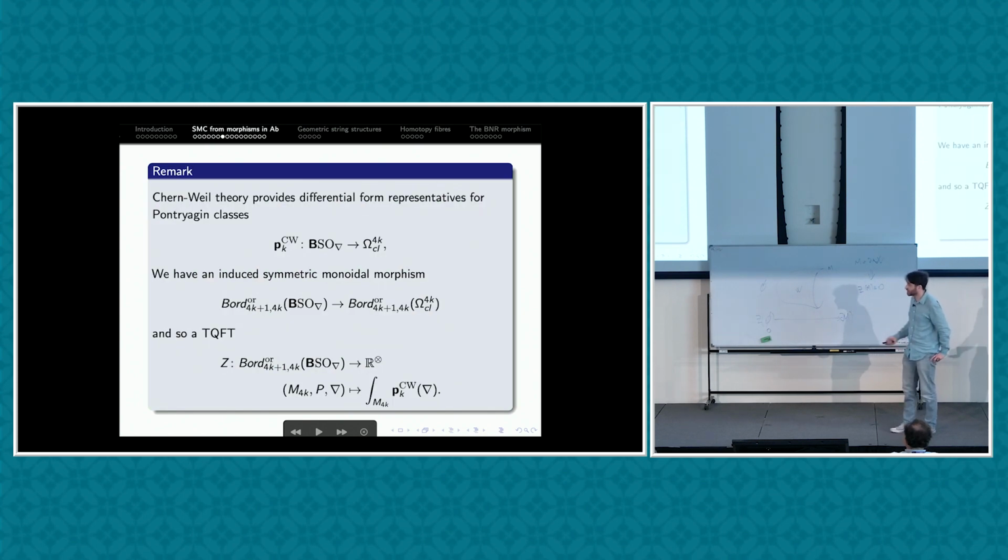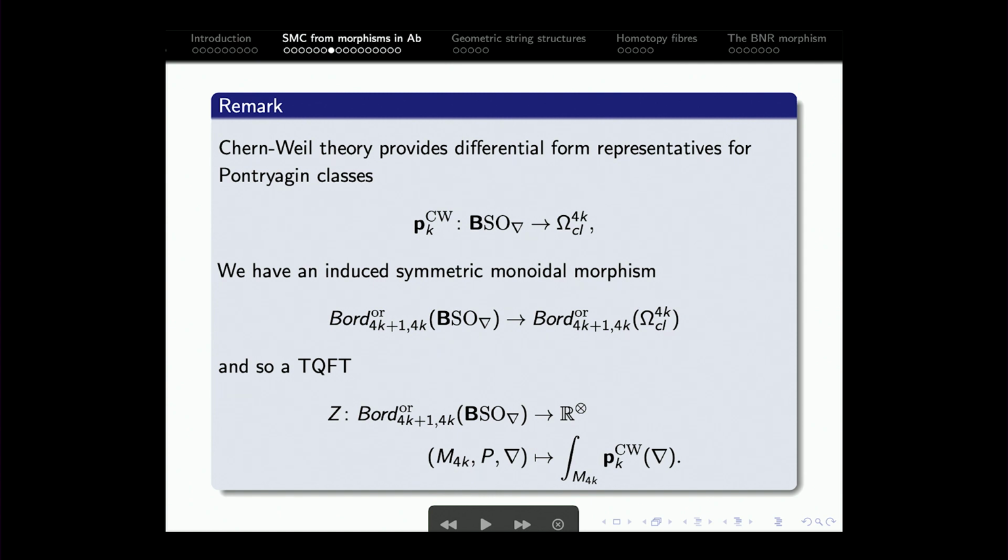So, other examples. I can consider, say, an SO bundle with a connection. And if I take the Chern-Weil representatives for Pontryagin classes, these are morphisms from SO bundles with connections to closed forms.